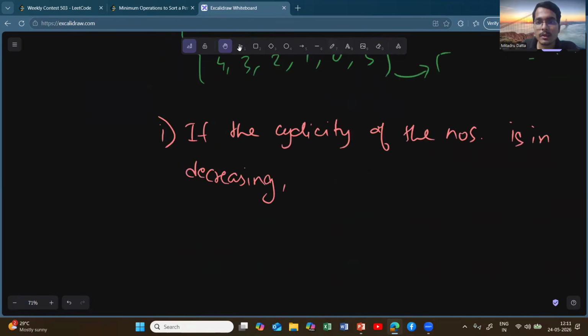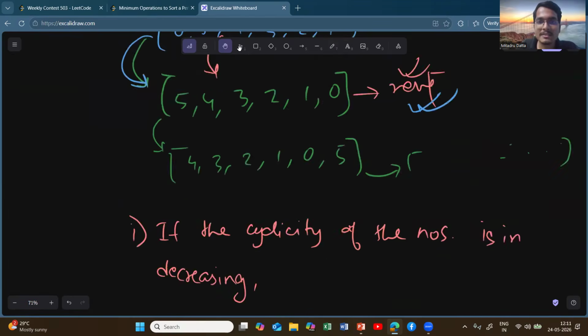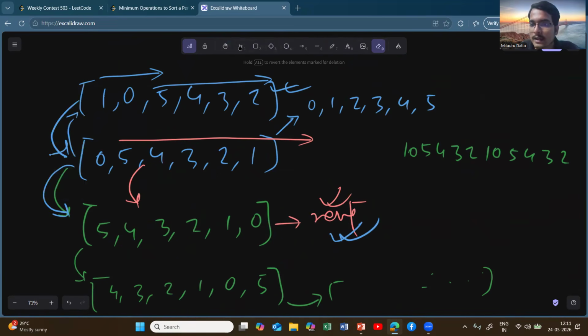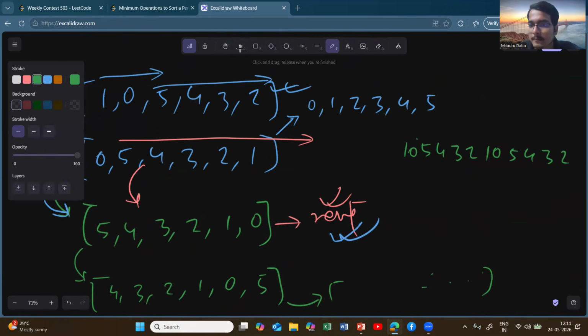By cyclicity I also mean that if you write these arrays side by side, so let's say this array, 0 1 5 4 3 2, 0 1 5 4 3 2, you write this array two times side by side, and you see that you get the reverse array also. So I say that the cyclicity of this array is in decreasing order.